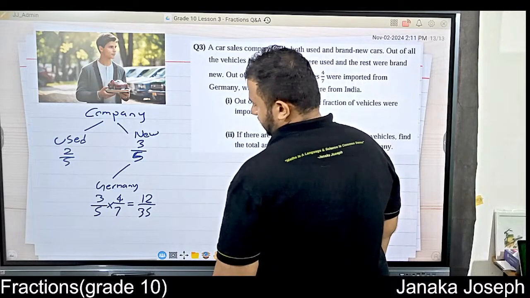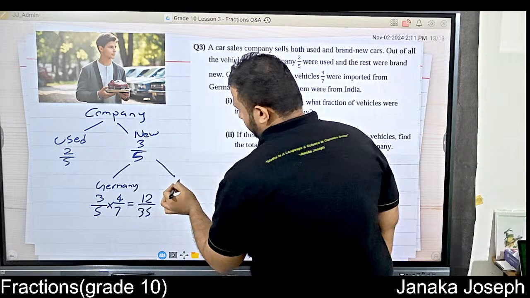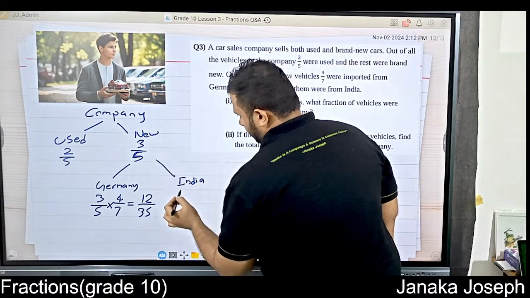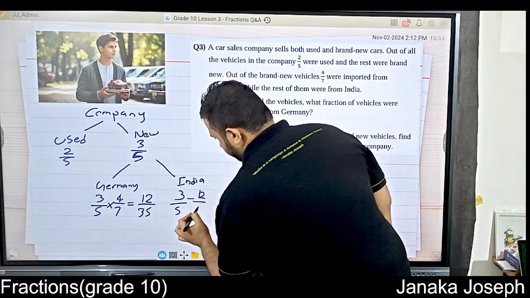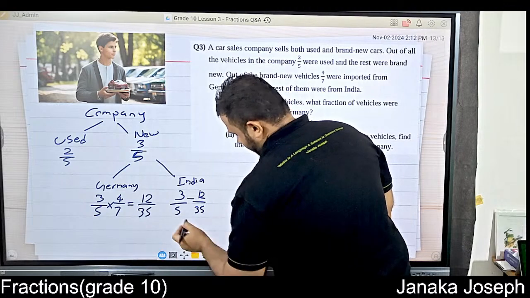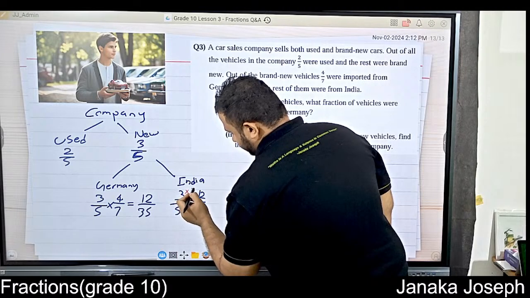So let's find the India amount. We know from the 3/5, 12/35 was from Germany. So let's make this into the same denominator and find the India amount.